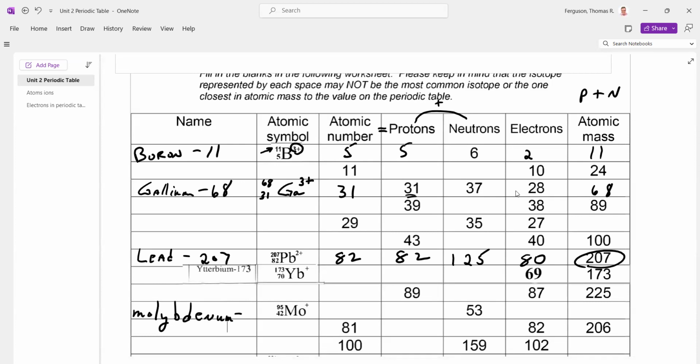So how many protons does it have? 42. And that's the same as atomic number. And how many electrons does it have? 41.